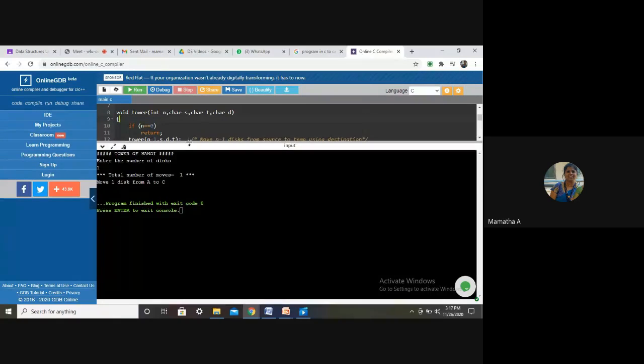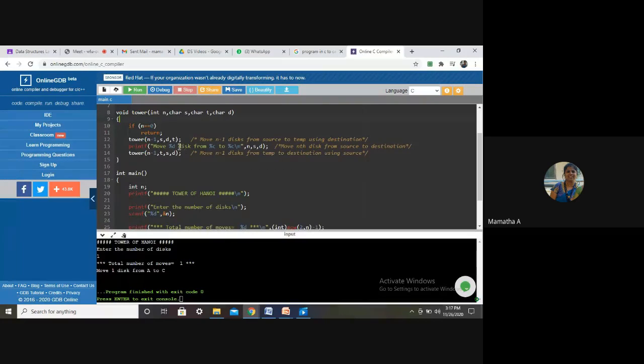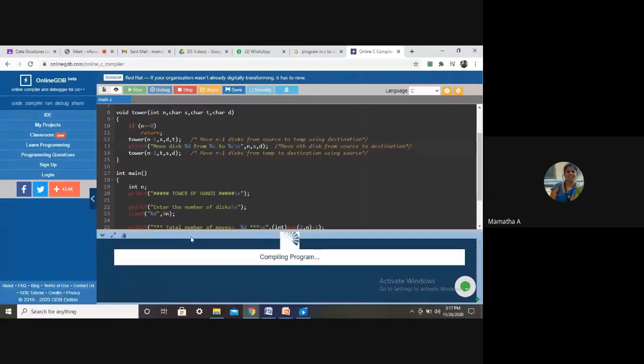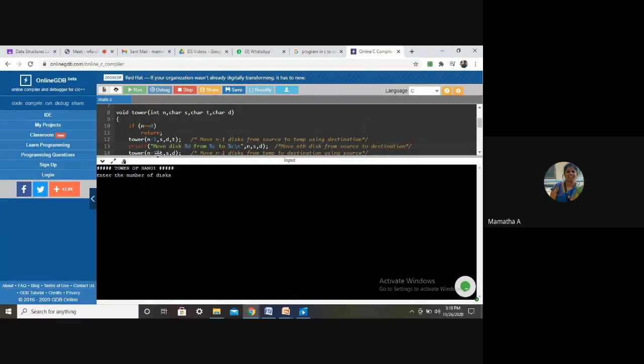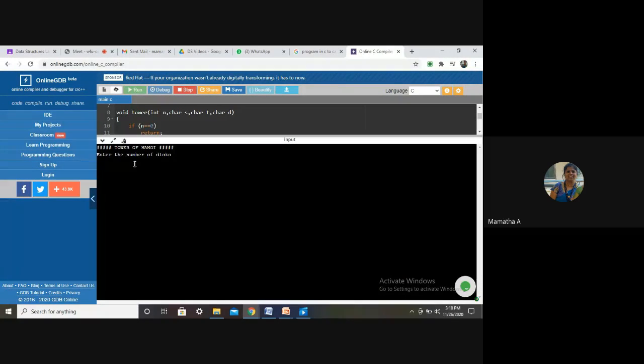One second, students, I'll just change this. What should I write here? Move disk %d. I'll write that here. Okay, that will be more clear. Isn't it? Yes or no, students? Move which disk? Disk 1 from A to C, because A is my source, C is my destination.